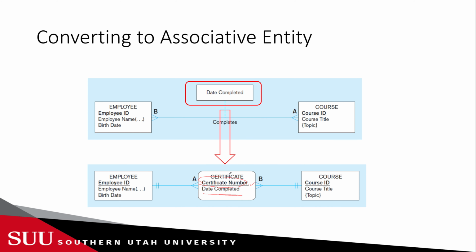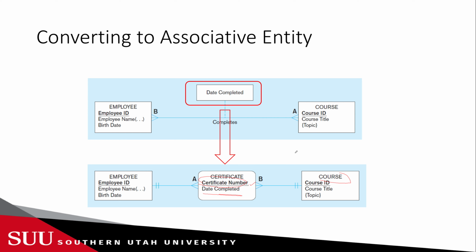But now let's try to read and see if that makes sense. So we said an employee will complete multiple courses and the course will be completed by multiple employees. Now if I place certificate in the middle and I try to read it, it's gonna read like this. An employee is going to have multiple certificates, and each certificate is going to belong to one employee, and then a course is going to have multiple certificates, and each certificate is going to belong to one course.